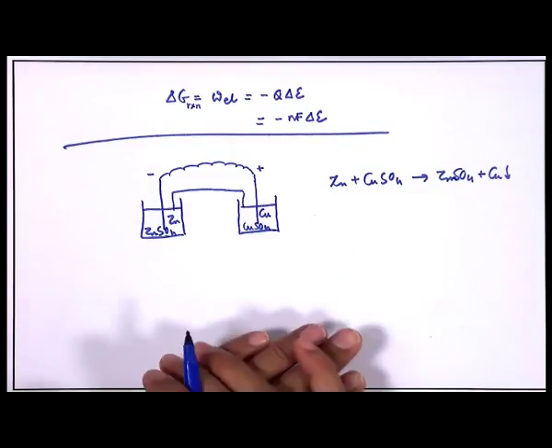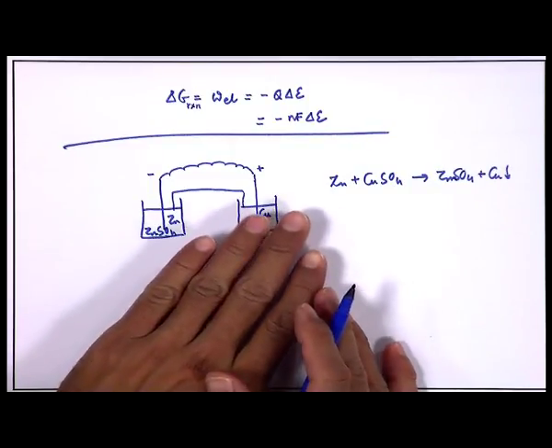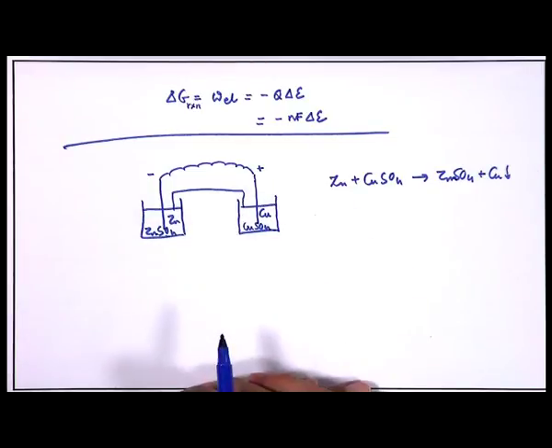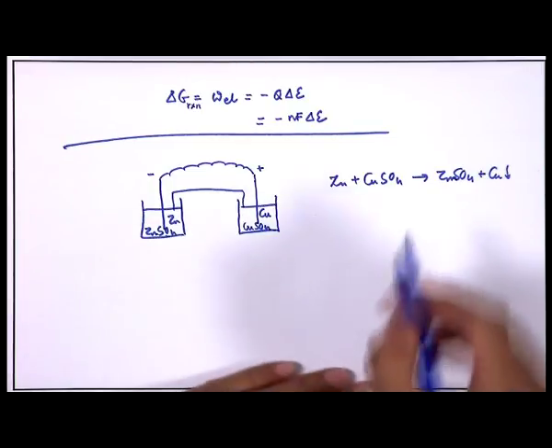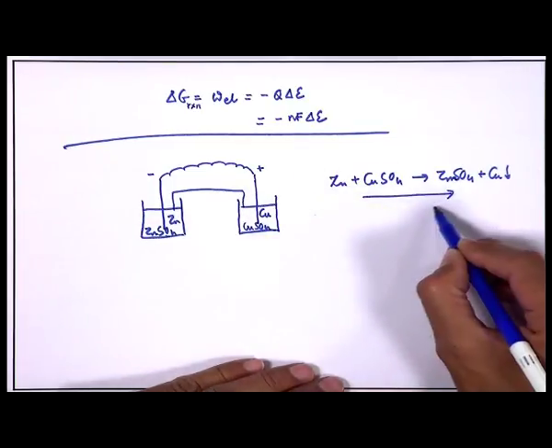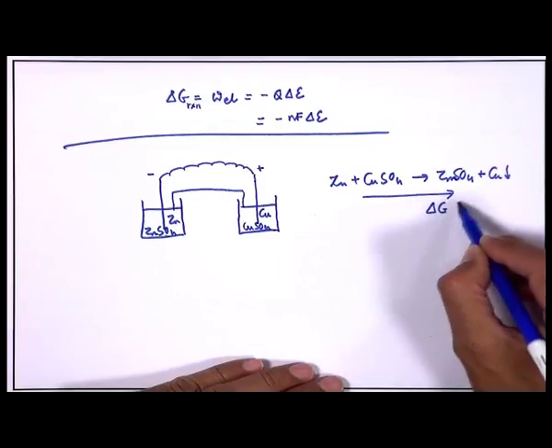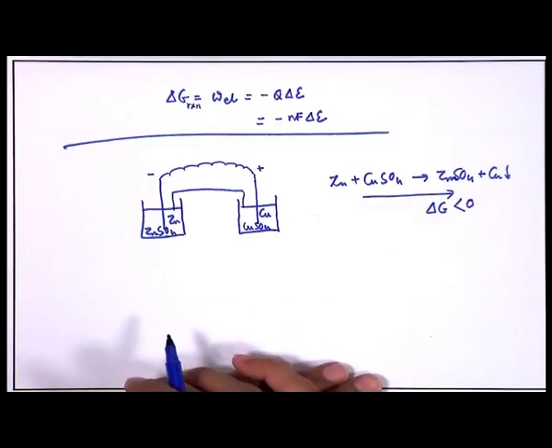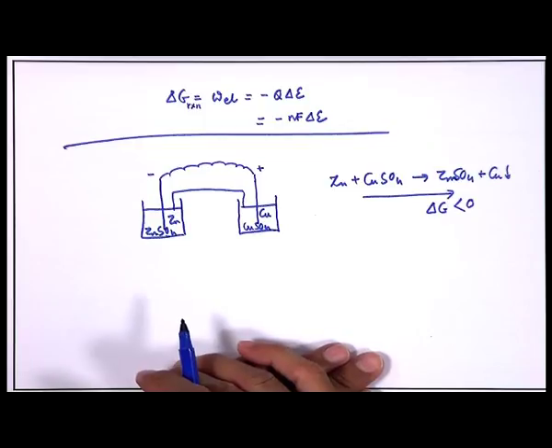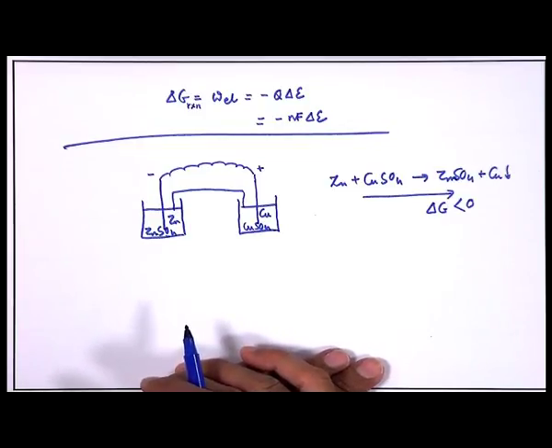So, this is the normal trend, and normal trend means this is the spontaneous process, because if you go in this direction, then delta G will be less than 0. So, this is the natural direction of the process.